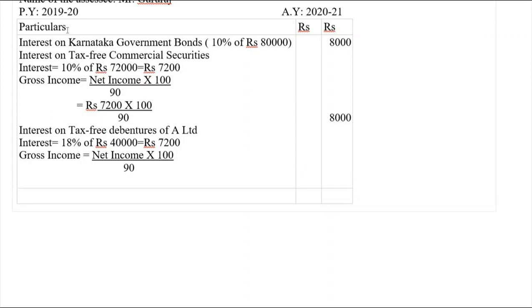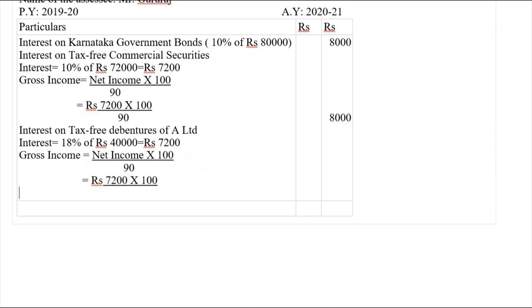Substituting the values, rupees 7,200 multiplied by 100 divided by 90 again gives 8,000 only.